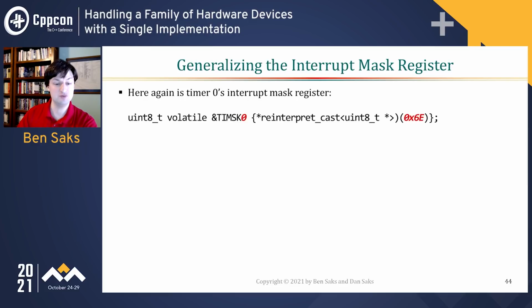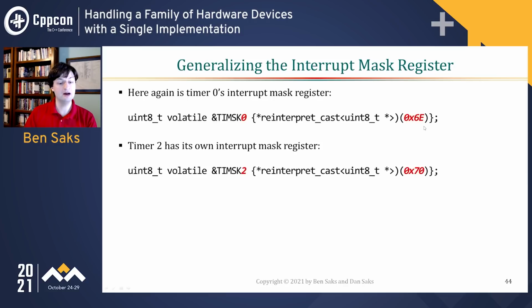So this was timer 0's interrupt mask register located at hex 6E. Timer 2's interrupt mask register is located just a little ways away at hex 70. And it just has a very similar name. To use either timer, we have to enable the bits in the corresponding interrupt mask register.